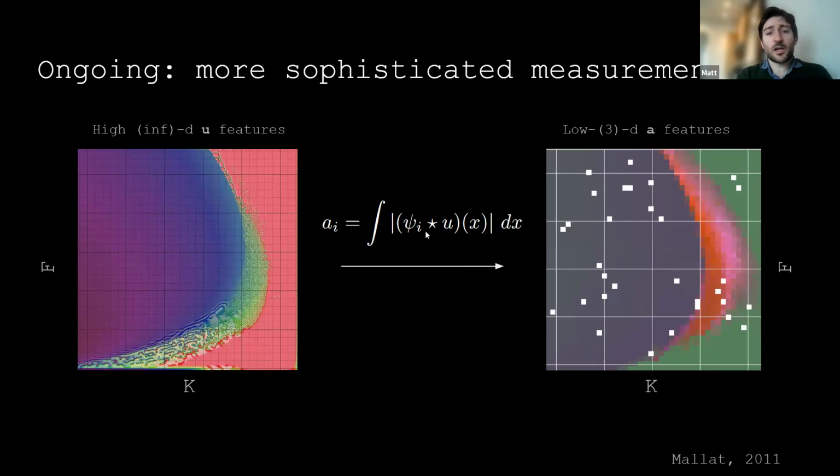With the proper choice of these filters, which you can think of as high pass filters, we can get nice coefficients, A, which can now give us access little by little to those interesting things happening at the bifurcation boundary.